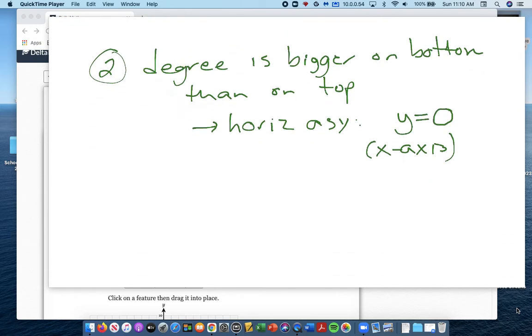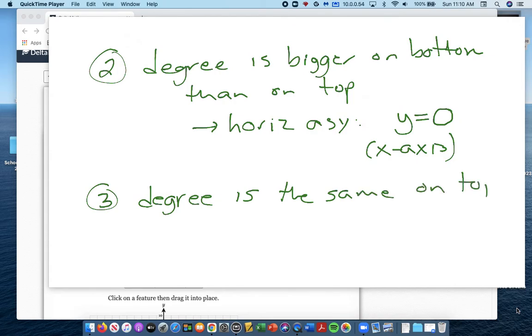Now, the last thing is if the degree is the same on the top and the bottom.